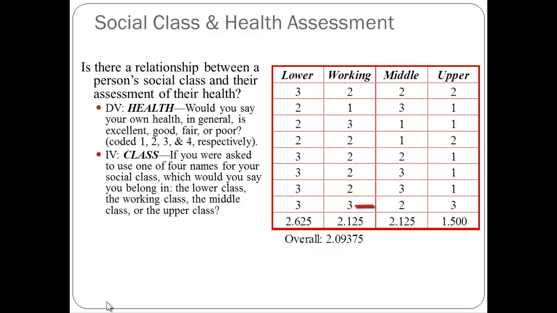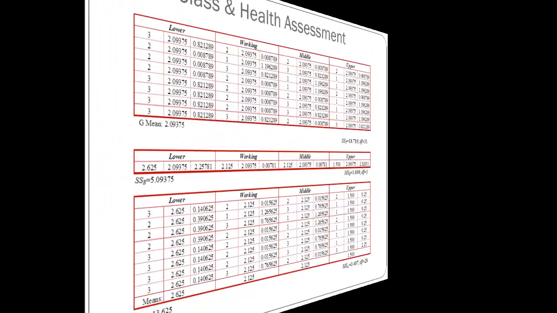The average score for the lower class people is 2.6, for the working class people is 2.1, for the middle class people is 2.1, and for the upper class is 1.5. Remember that this variable is coded in one direction, meaning that lower scores mean that people feel they're healthier. So we're seeing that the upper class respondents, on average, with a score of 1.5, appear to believe that they're healthier than, for example, the lower class respondents.